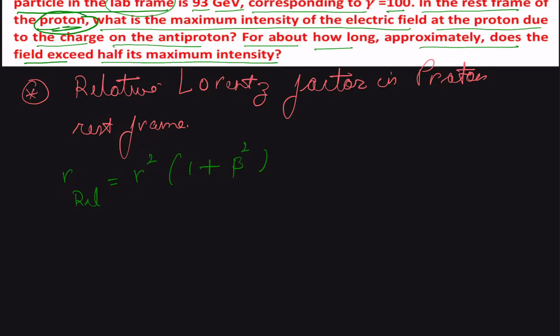And in a highly relativistic motion, we can assume that beta is approximately equal to 1.